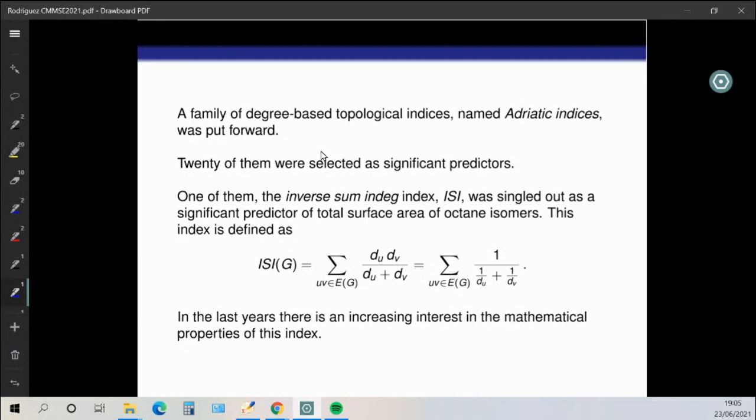This index is defined by this formula, which is equivalent to this one. In recent years, there is an increasing interest in the mathematical properties and the applications of this index.